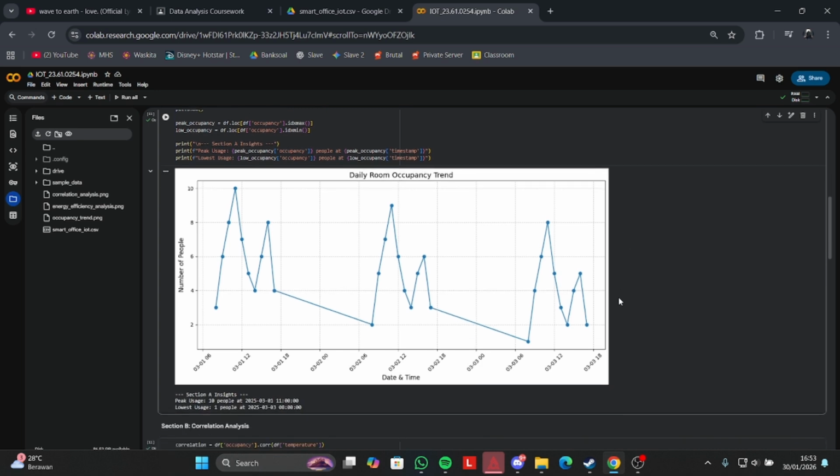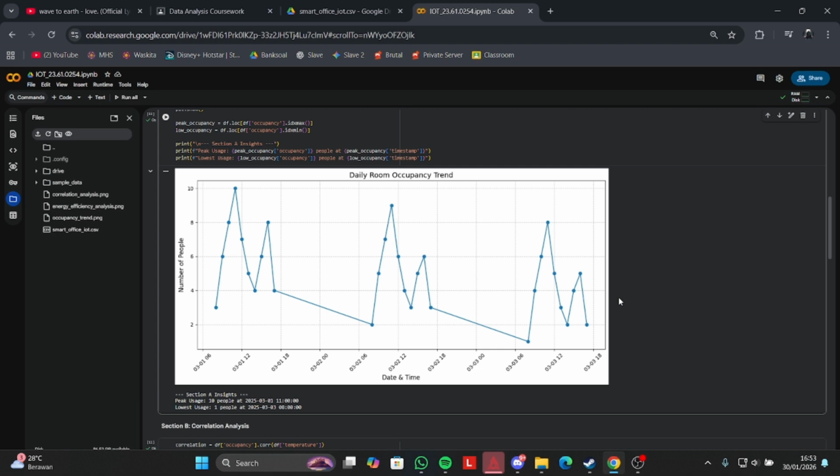The time series analysis of the daily occupancy reveals a distinct and consistent pattern in room usage. The office activity typically begins at 8 a.m. with a low occupancy of about 2 people, steadily increasing throughout the morning to reach a peak of approximately 9 to 10 people by 11 a.m. A notable behavior is the lunch dip between 12 p.m. and 2 p.m., where occupancy drops significantly to around 4.